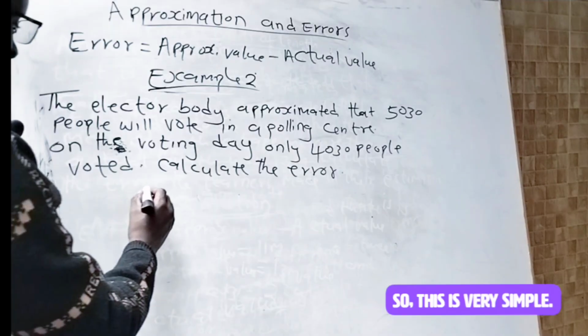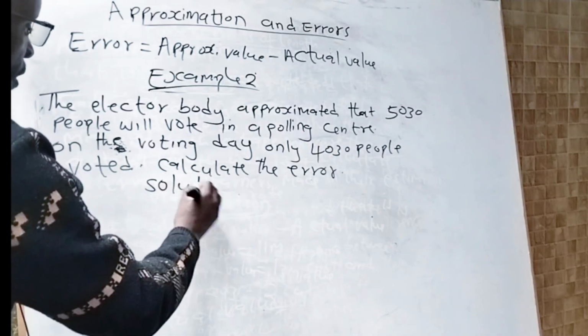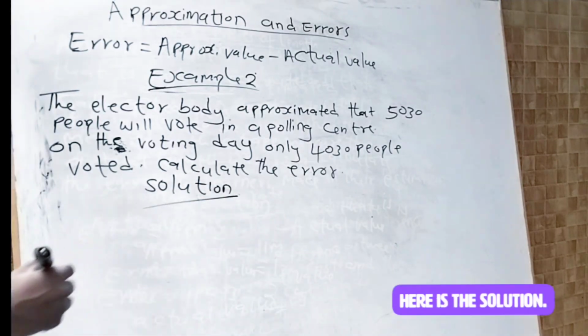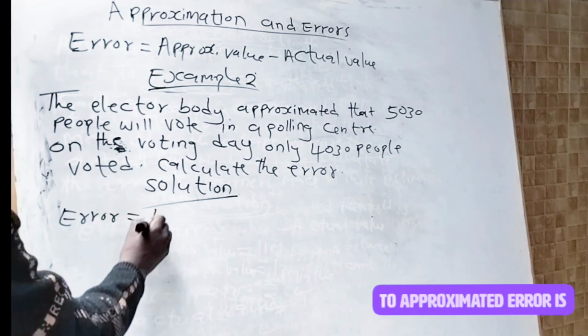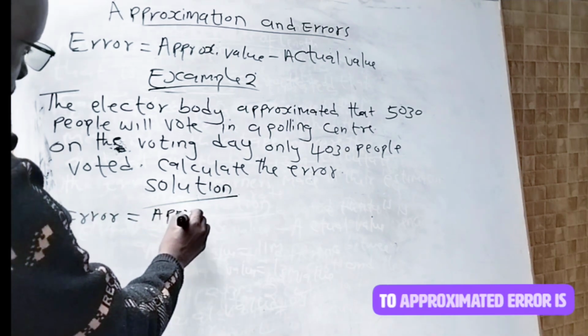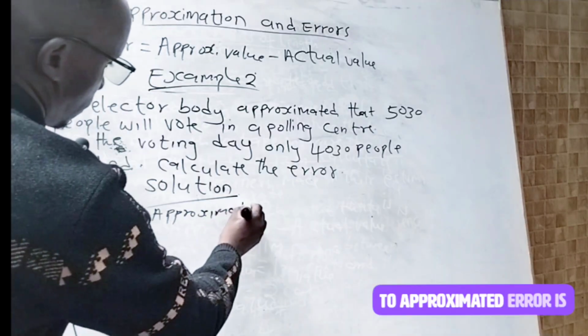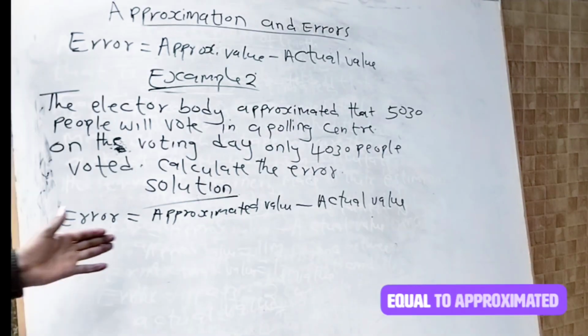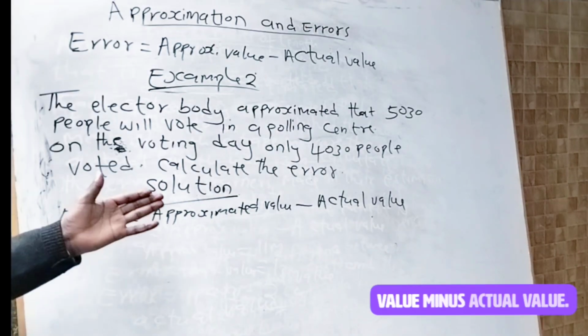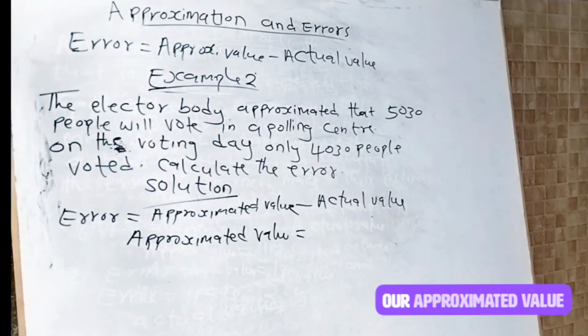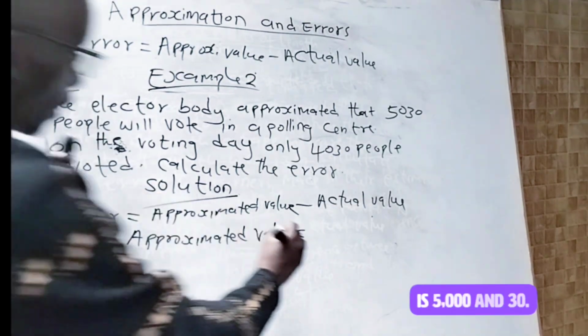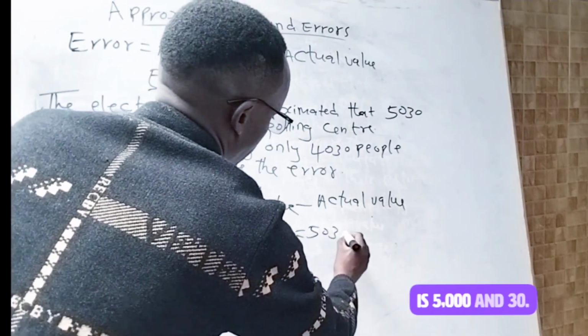So this is very simple. Here is the solution. Error is equal to approximated value minus actual value. Our approximated value is 5030.